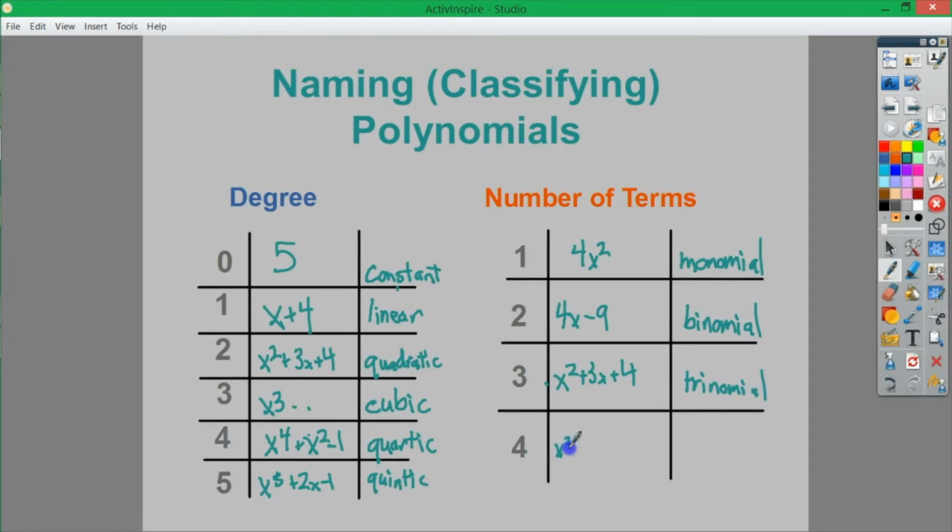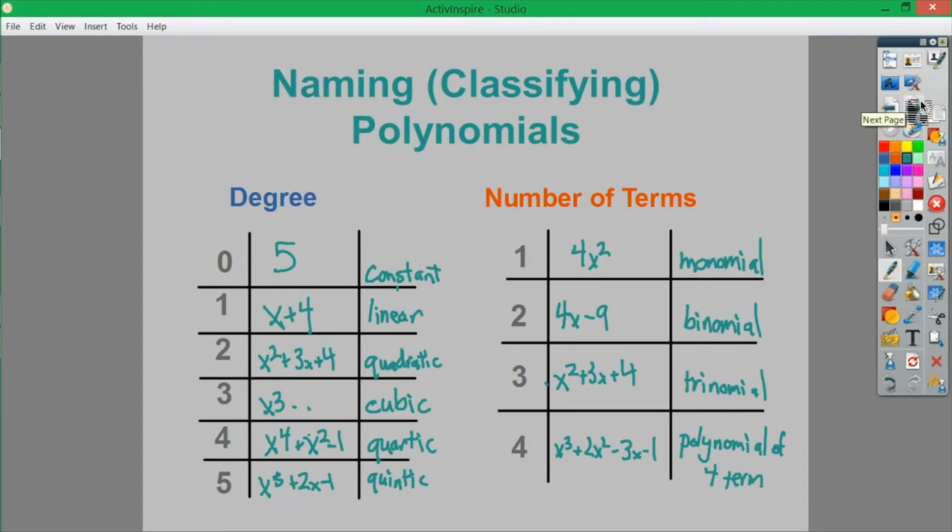And then I start getting into 4. I'm looking at a polynomial of 4 terms, and it tends to go upwards from there, of 5 terms, of 6 terms, of 7 terms. We don't tend to continue making up prefixes for them. They're just not very well done at that point.